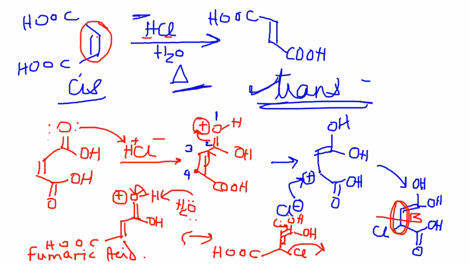So you will be able to simply filter and wash the product and collect it, dry it in the oven, take the melting point, take the IR, and that'll be it. So in this experiment, it's a pretty simple experiment, but at the end of the day, you would be giving me the melting point of maleic acid.